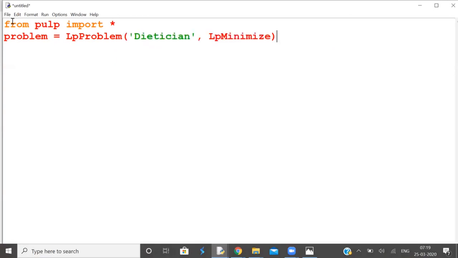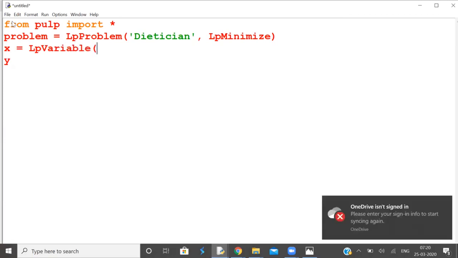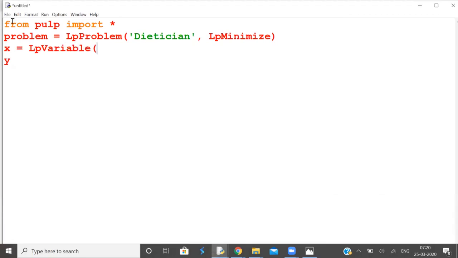Okay, now variables X and Y are variables. X is a linear programming variable. Name is X. Its lower bound is 0, it should not be negative.